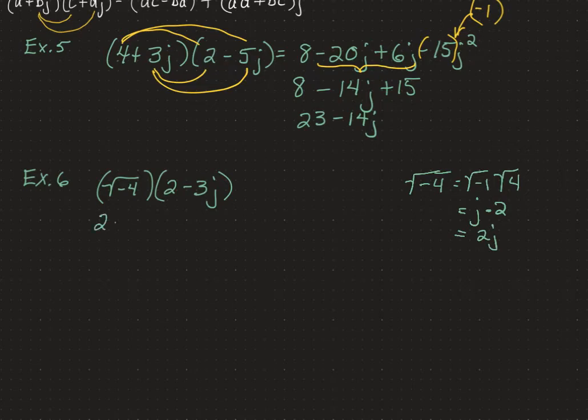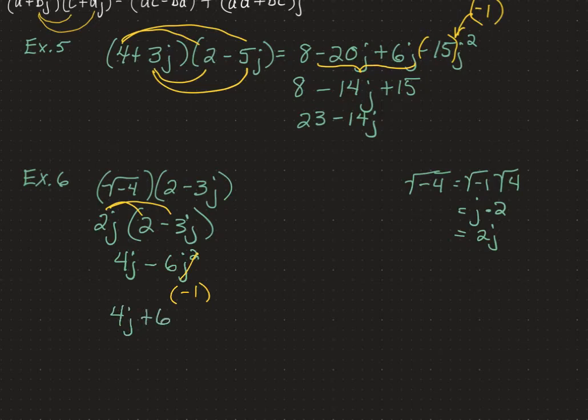So 2j times 2 minus 3j. We will still be distributing here. So that gives us 4j minus 6j squared. j squared, remember, is -1. So we're multiplying our -6 times -1. Therefore, we have 4j plus 6, and written in the proper order, 6 plus 4j is the product.